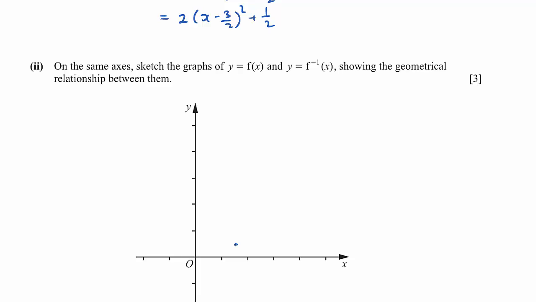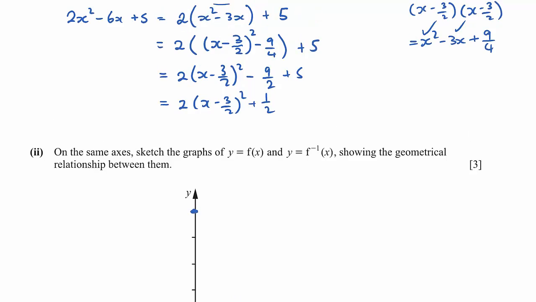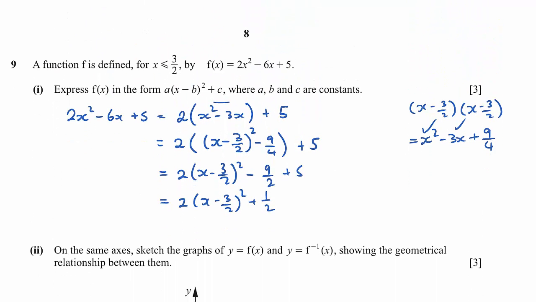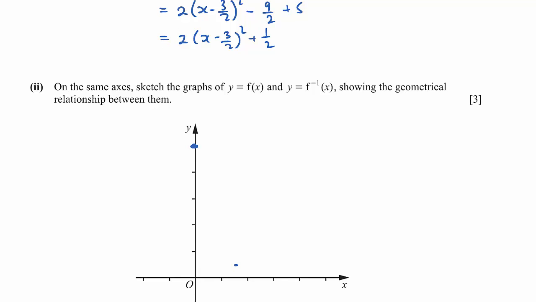So 3 over 2, a half is here. 0, 1, 2, 3, 4, 5 is just there. Now if we look back at this original thing, this is the minimum point of that. We know that the completed square form gives us that. And then it's a quadratic, so we know the shape of that. It's going to go like this. So that's y equals f of x.